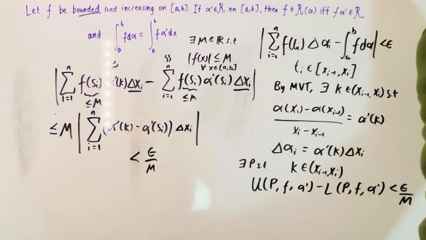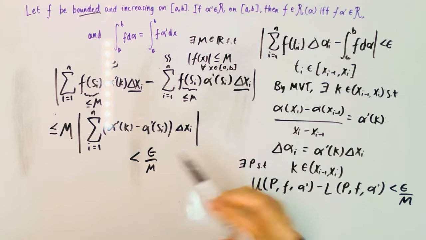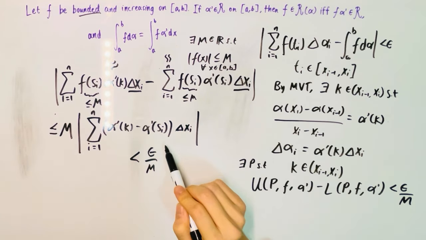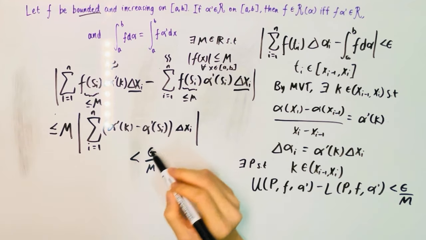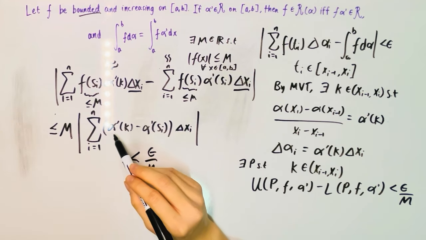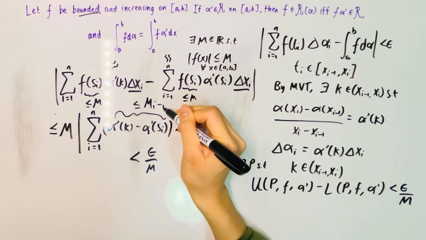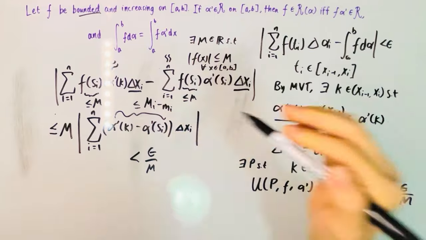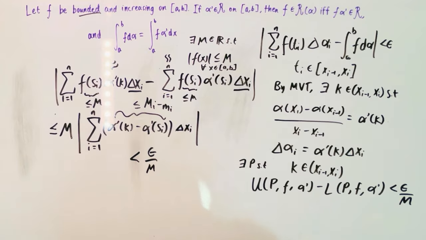And that's simply because we can choose a partition such that this is true, and this will be bounded by the difference between the upper and lower sums, because obviously this will be less than or equal to Mi minus mi, because this will be the maximum difference between the outputs.